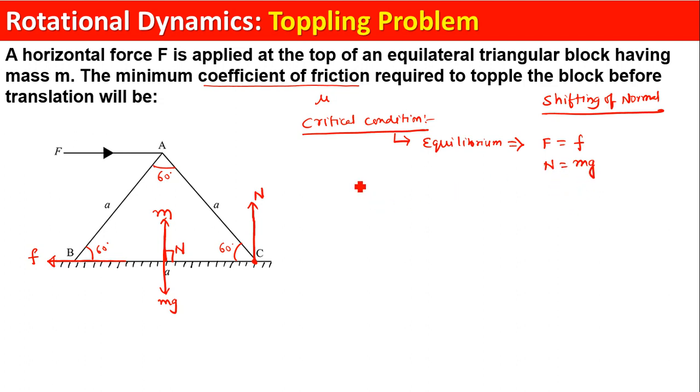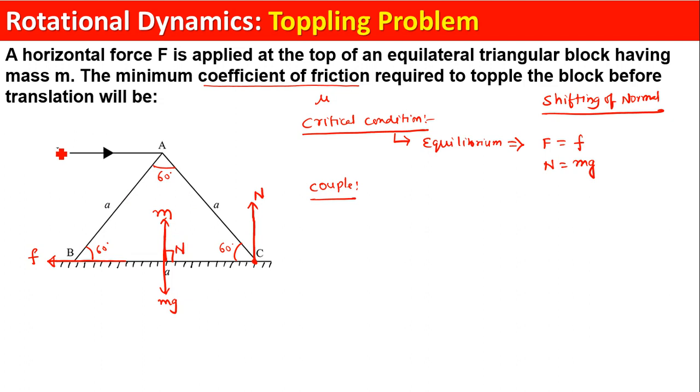Now let us try to understand what a couple is. Here, the applied force and friction are equal in magnitude and opposite in direction. Two equal and opposite forces acting at a separate distance form a couple.